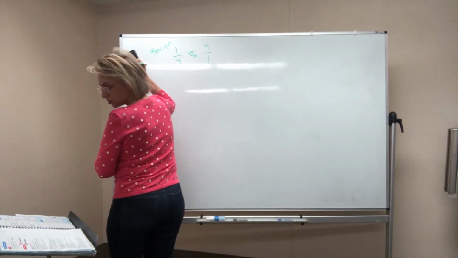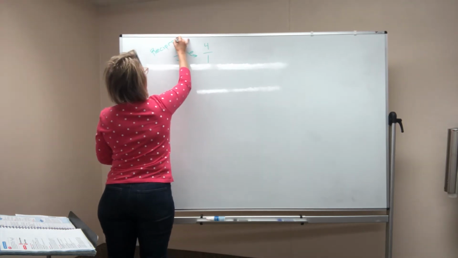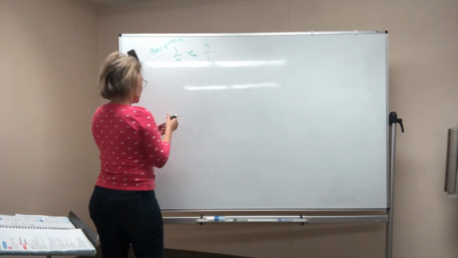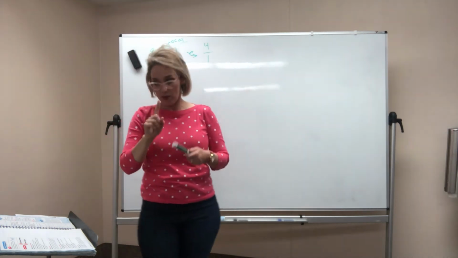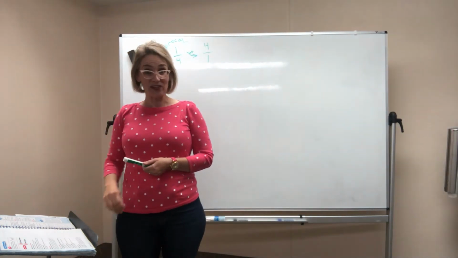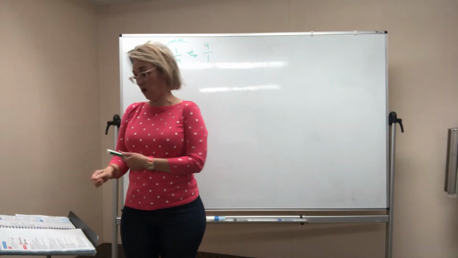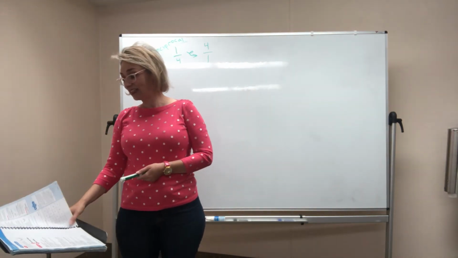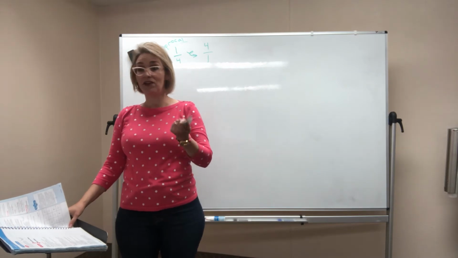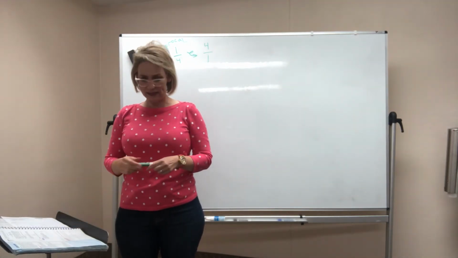I have to always make sure I spell this right, reciprocal. Okay, so that's what a reciprocal is. Remember that, because that's the key to doing this lesson. If you remember what a reciprocal is, you are going to do awesome on this lesson. Because when we use reciprocals to divide fractions, it's super easy, okay?